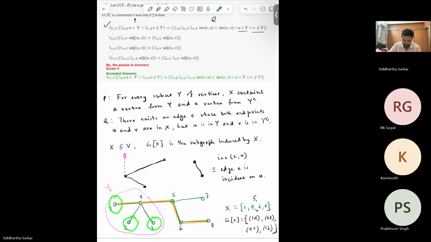If you take these three to be y, that is not preventing the left hand side from being incorrect. So the left hand side is just saying that there is some edge in the graph induced by x. But this one is saying that no matter what y is, there is some edge within the vertices of y. That doesn't make sense, because you could have taken y in such a way that they are forming an independent set.